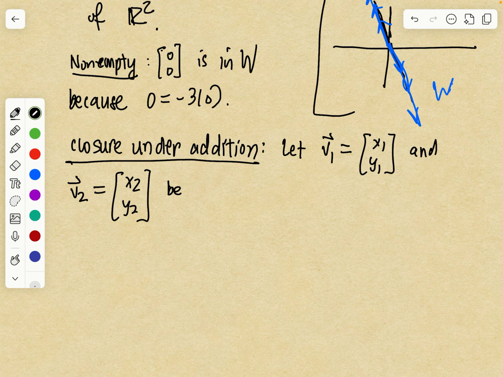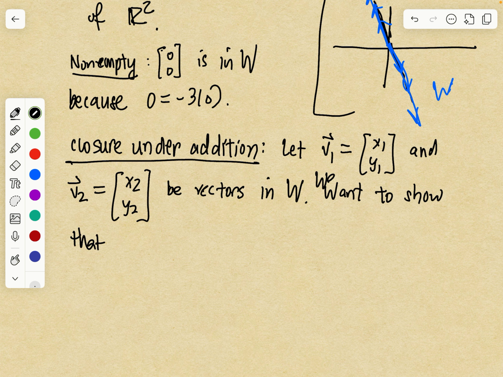So let these be vectors in W. We want to show that V1 plus V2, the sum, is in W.